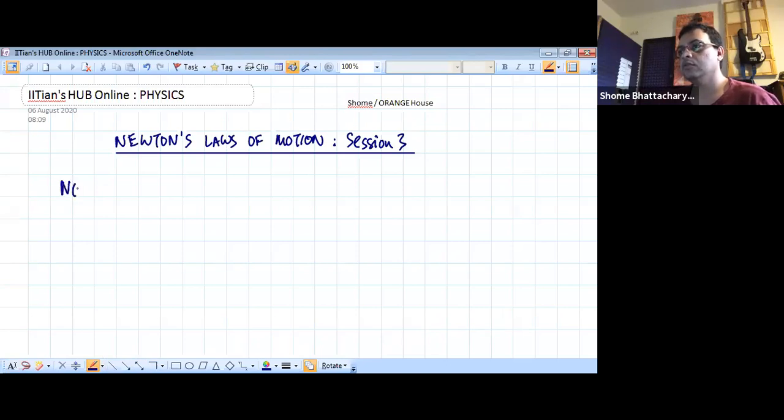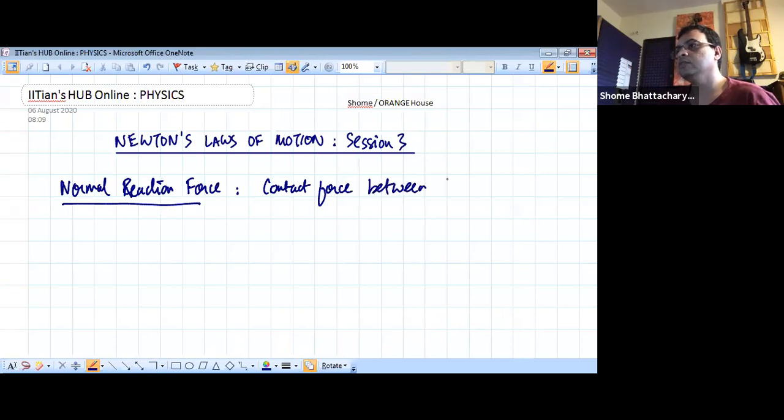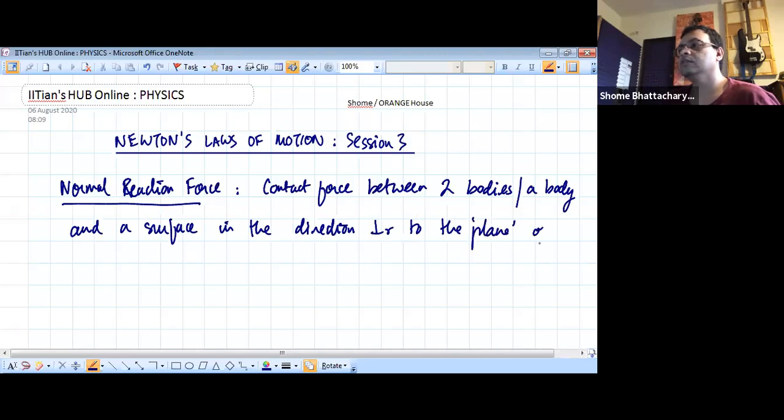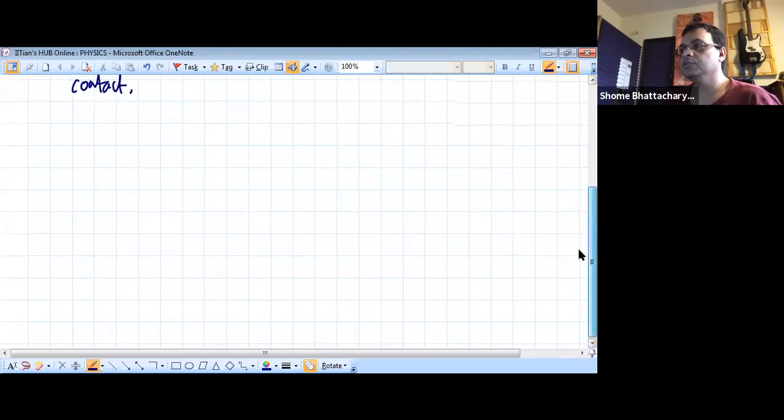We saw normal reaction force as a type of contact force between bodies, or a body and a surface, in the direction perpendicular to the plane of contact. That was the first thing we understood about normal reaction.